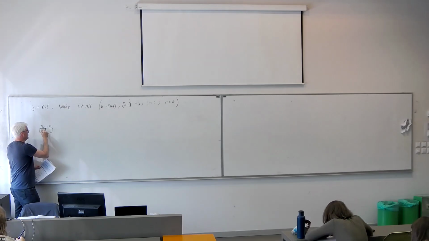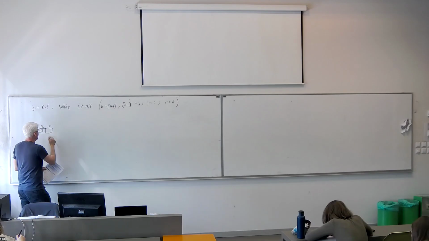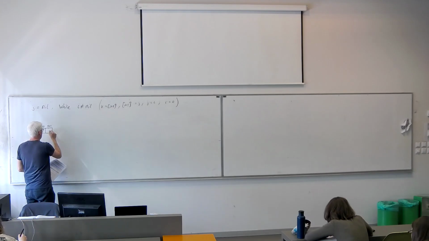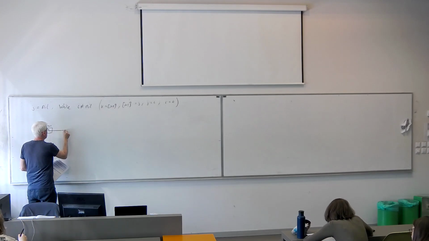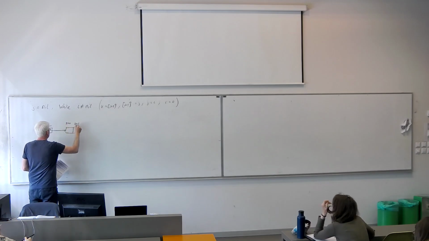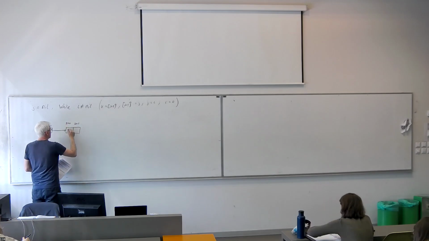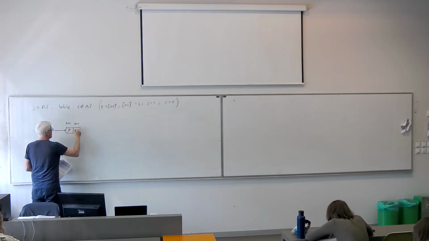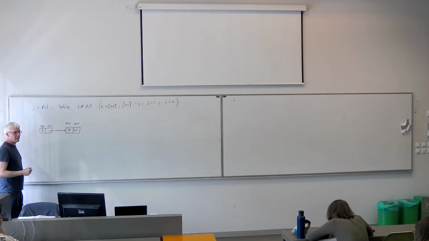So, for example, we might have 3 in here. And then here we're going to have a pointer to the next. And suppose this is 200. Doesn't matter. This is 201. So this is say 7, and then 201 we've got that.